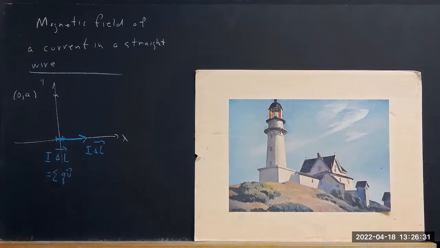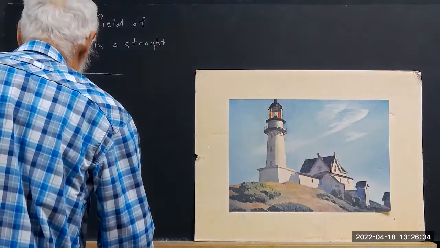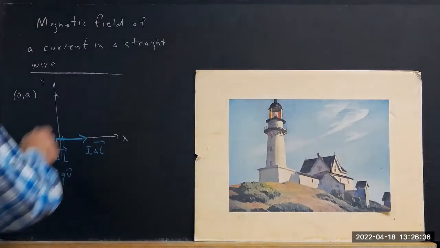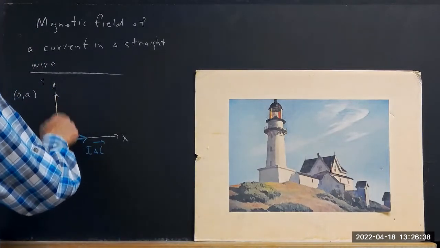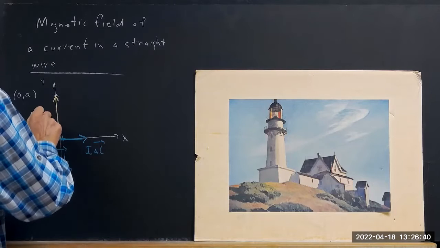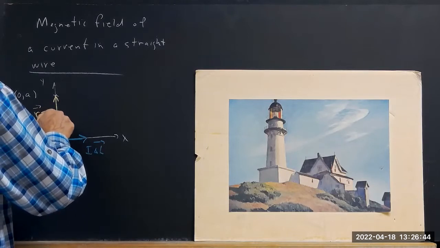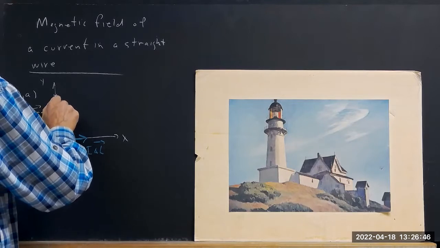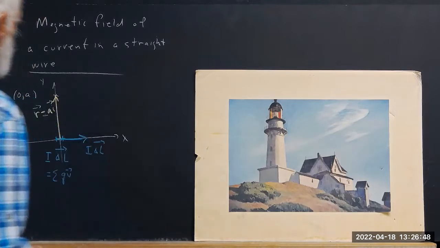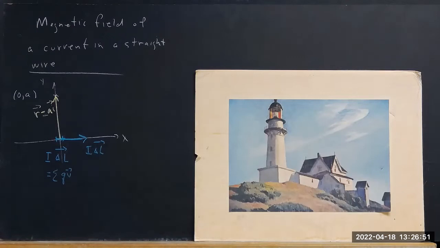Okay, so again, this is the same picture that we just saw, except we're using I delta L. And we have an R equals AI, and we get our field.